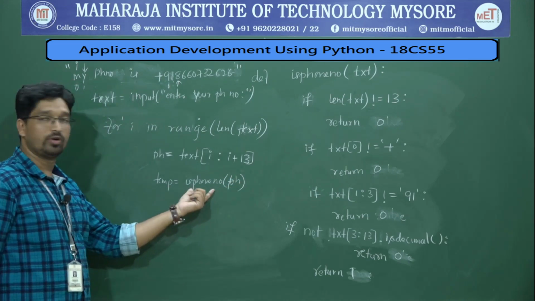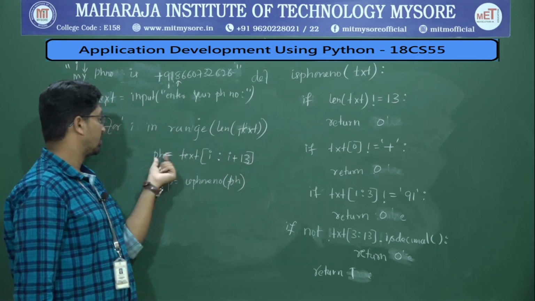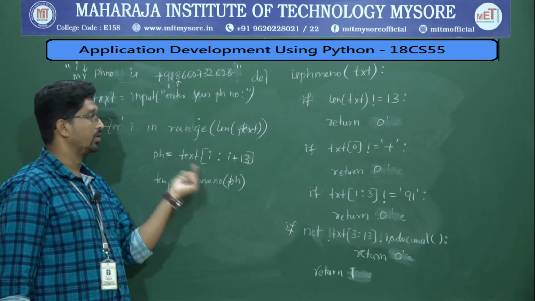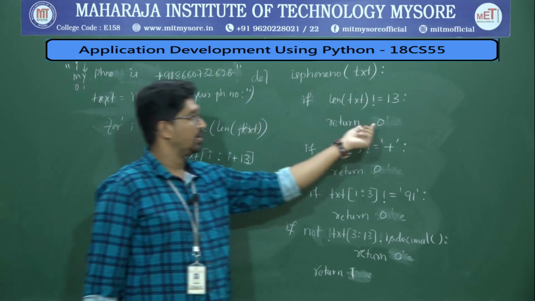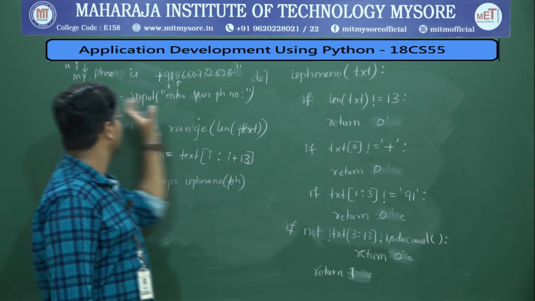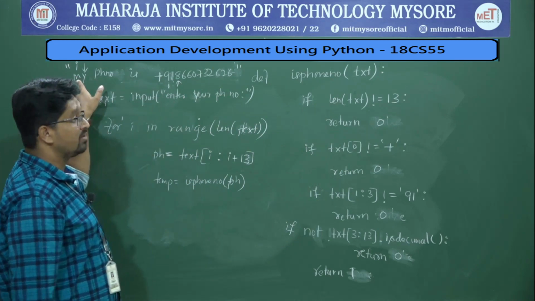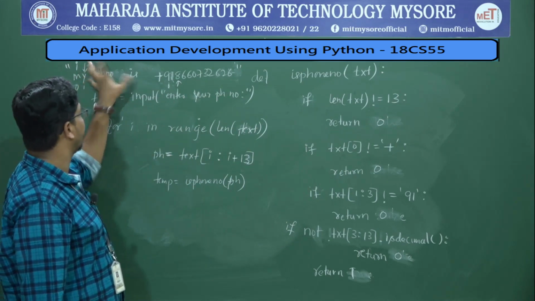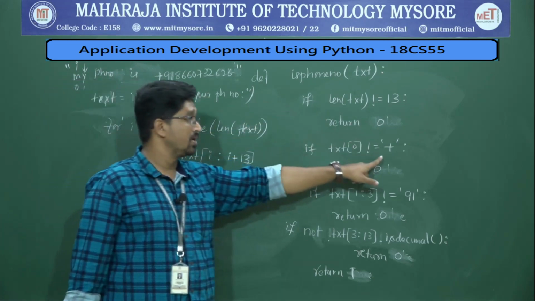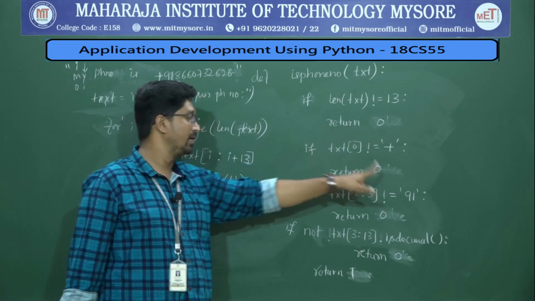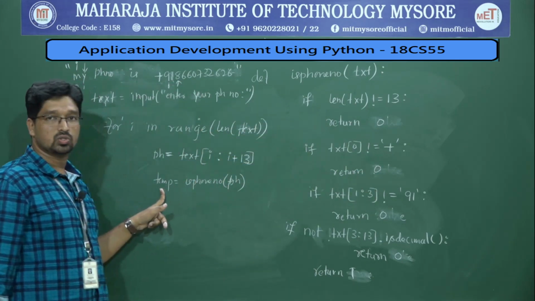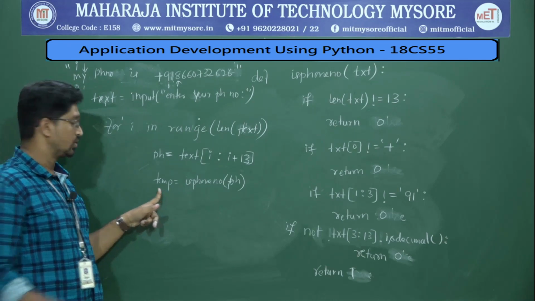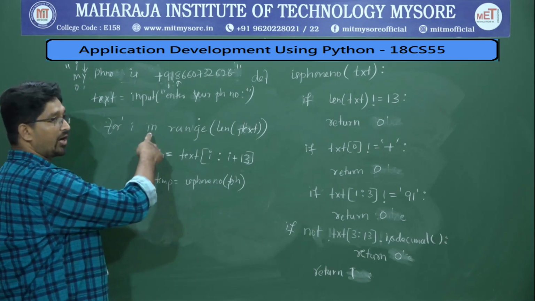So you are calling the is phone number method and passing PH as input. In my case, the first character itself is not a plus symbol. There are 13 characters but the first symbol is not a plus symbol. Then it will return 0. 0 will be stored over here. So again it will go back to the for loop.